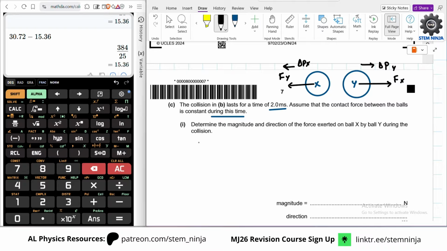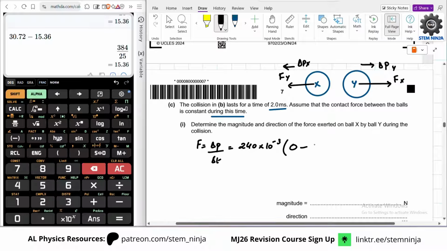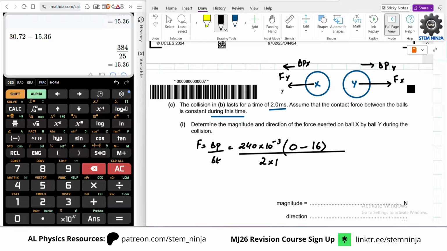We need to find the force. So force is equal to rate of change of momentum. So mass is 240 times 10 raised to power minus 3, V is 0, and the speed before was 16, and time is 2 milliseconds, so 2 times 10 raised to power minus 3.